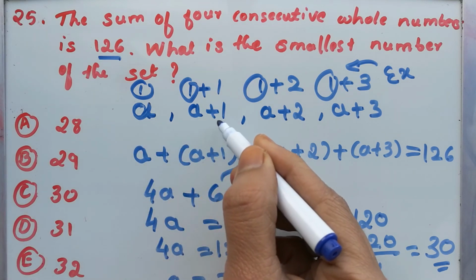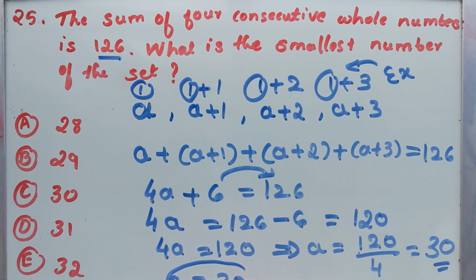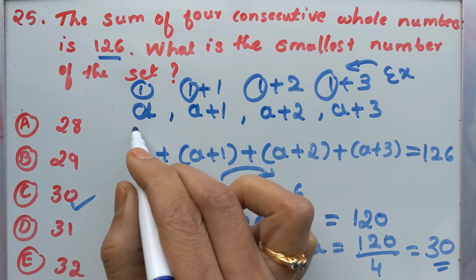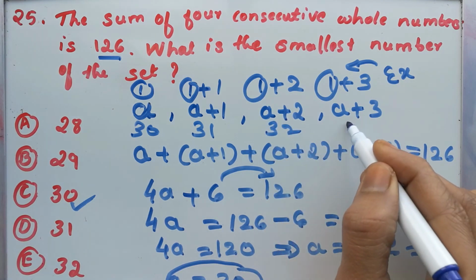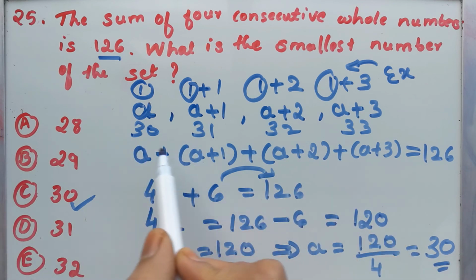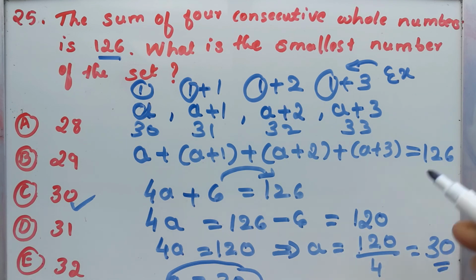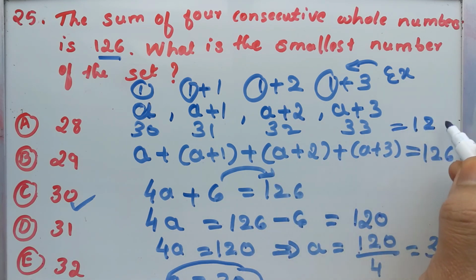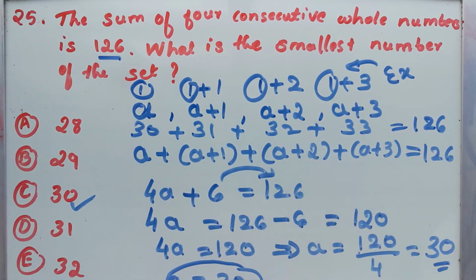The next numbers are 30 plus 1, 31, 30 plus 2, 32, 30 plus 3, 33. So you can check. Take the sum, 30 plus 31 plus 32 plus 33. You will end up with 126.